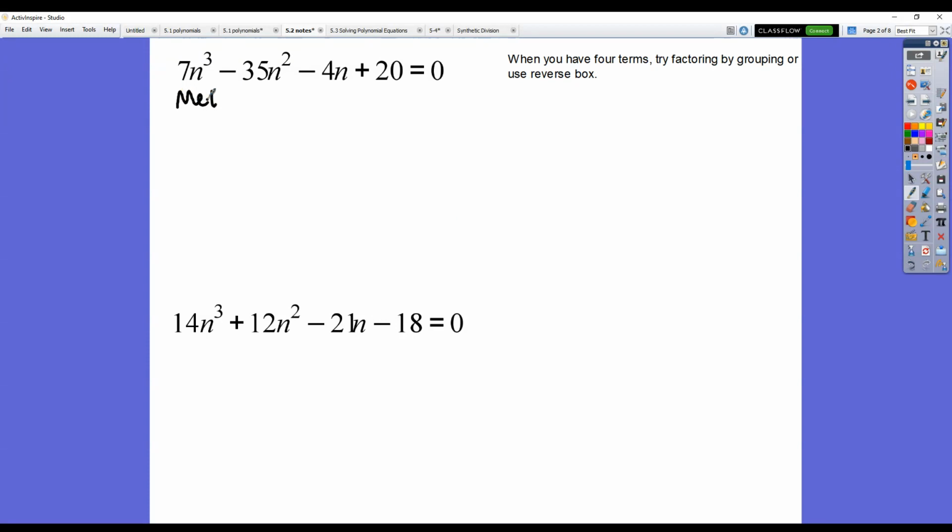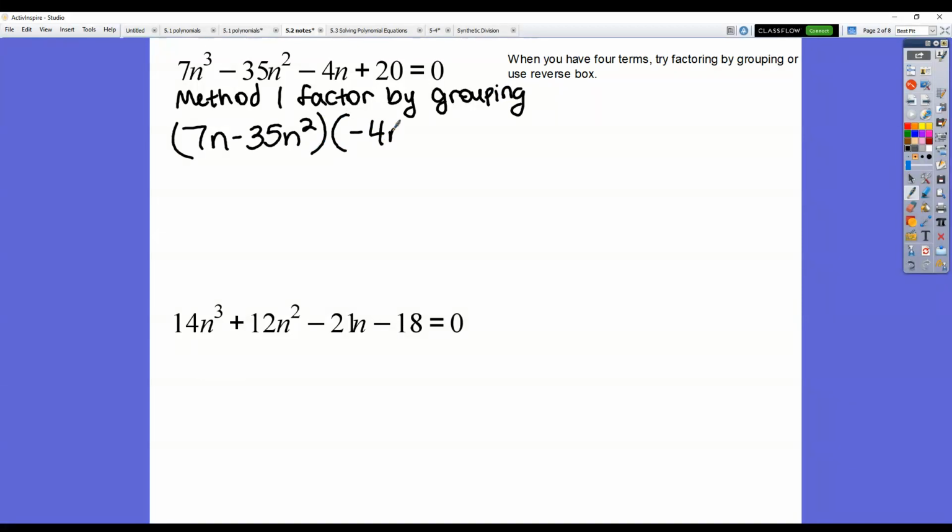Method 1. Okay, what you do is put them in groups of 2. Take out GCF from each group.